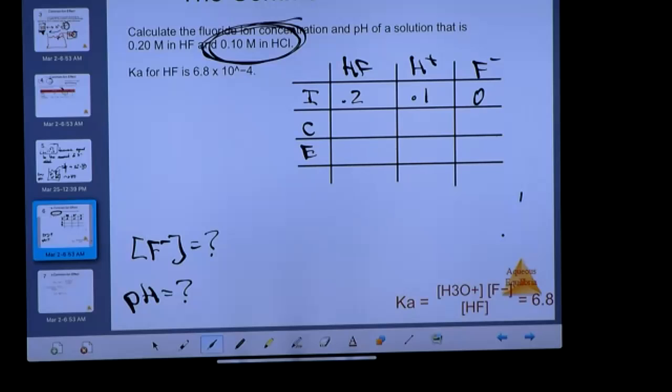Every H that is broken off will absorb an F. You sort of with me? So it will grab an F from here. So the amount of HF will decrease equal to the amount of strong acid I put into it. It's going to go down 0.1.